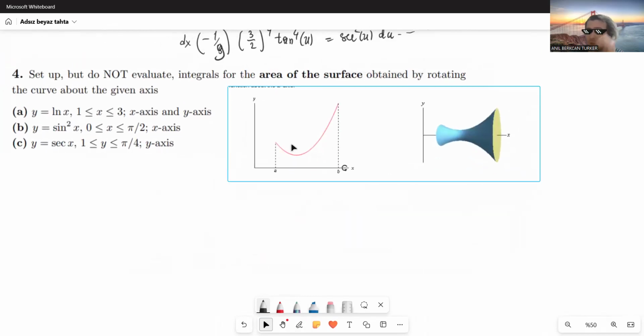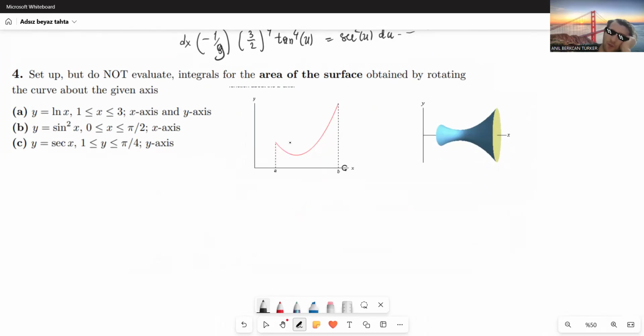Now assume that you have a curve like that and you are rotating around the x-axis. When you rotate it, this is the shape you get. You can either take the inside and get the volume of this shape, or only the surface area. Surface area means that the inside is empty.